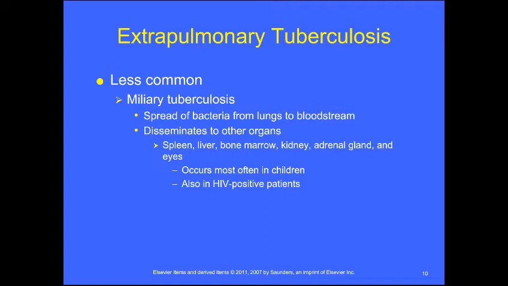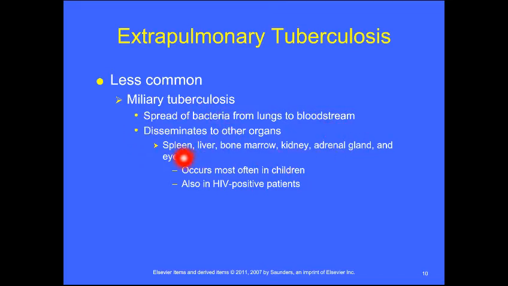So, meron tayong tinatawag na tuberculosis of the stomach, tuberculosis of the liver, tuberculosis of the intestines, tuberculosis of the bones, ganyan. We have miliary tuberculosis. This is the spread of bacteria from lungs to bloodstream.